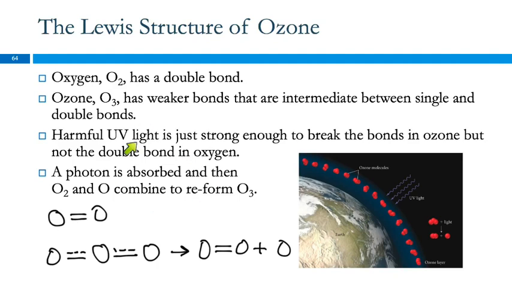See, we can talk about this now because we've talked about how light is energy, right? And amounts of energy vary with the frequency and the wavelength. And we just talked about the strength of bonds, this bond being a little weaker, so the ultraviolet is enough. Visible light doesn't mess with it.